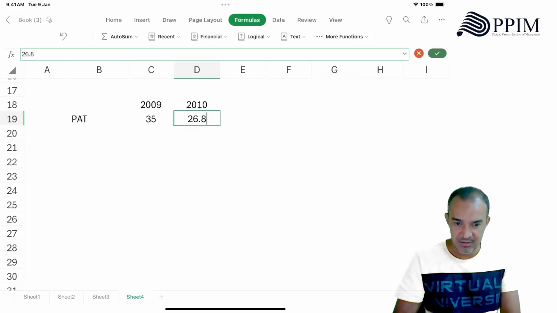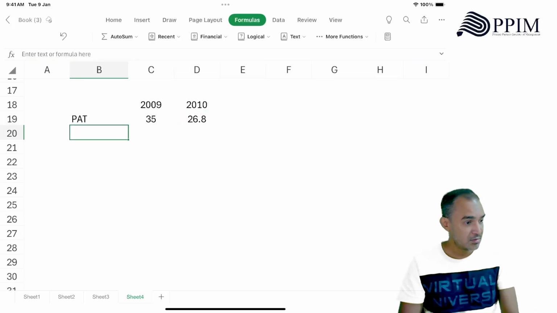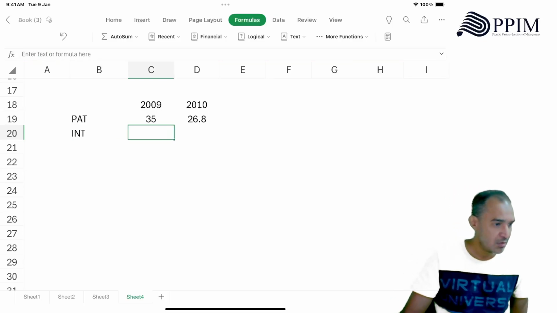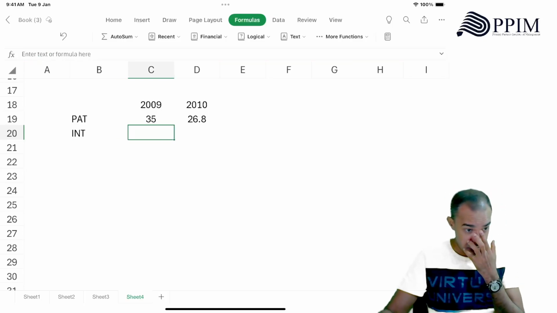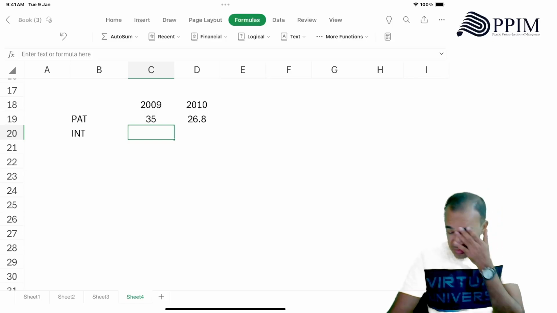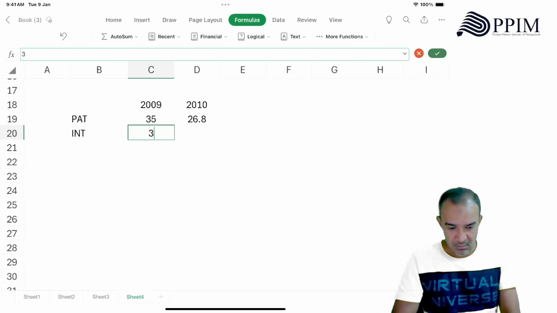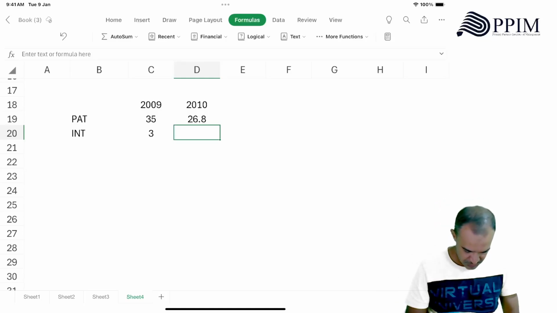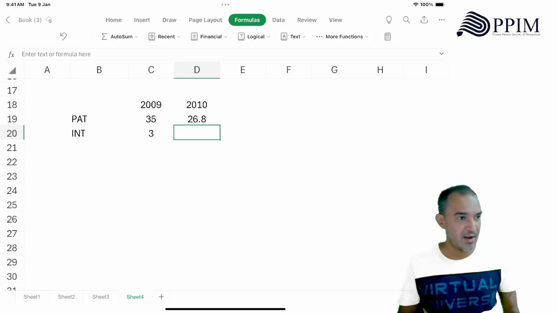Profit after interest and tax 35 and 26.8. Then interest net of tax, how much? Interest is 4 and 7.8. So tax is 25%. So 4 into 75 is 3, and 7.8 into 0.75 is 5.85, about 5.9.